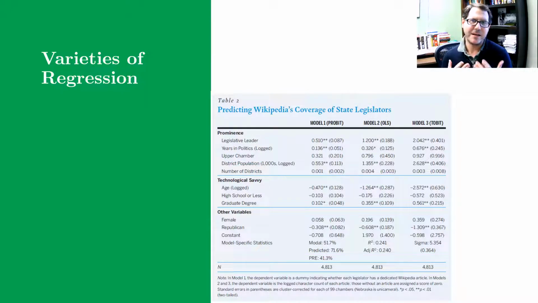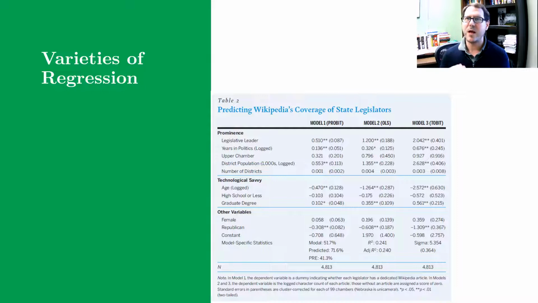But with the binary dependent variable, with the 2 categories, it's a little tricky, because I can get a forecast or a prediction out of that regression model that would say it's 0.25. Well, I only have the option of no Wikipedia article or a Wikipedia article. There's no scenario where you have 0.25 of a Wikipedia article.